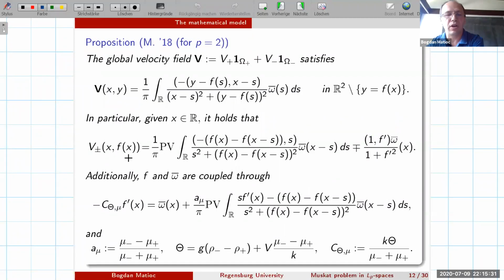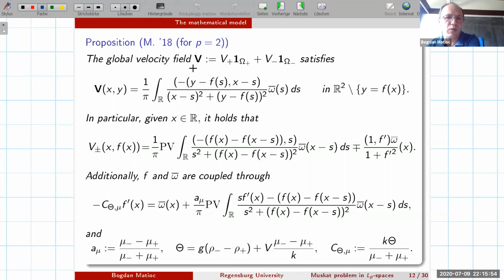So here is the result, saying that the velocity field is determined by the interface and this function omega bar. This is a result established first in a paper from 2018 for p equal 2, but for p different from 2 the proof is the same.